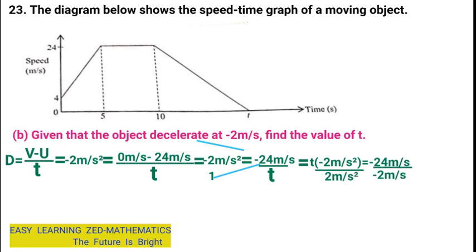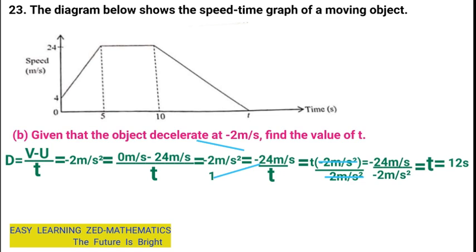On the t side, the numerator is the same as the denominator, so they cancel. I remain with t equals negative 24 meters per second divided by negative 2 meters per second squared, which gives me 12 seconds. This is the time it took from 10 to reach where t is.